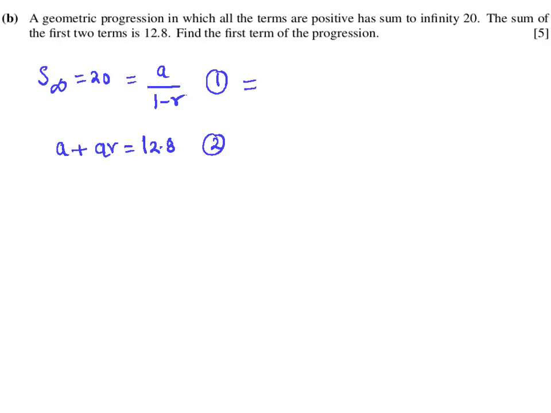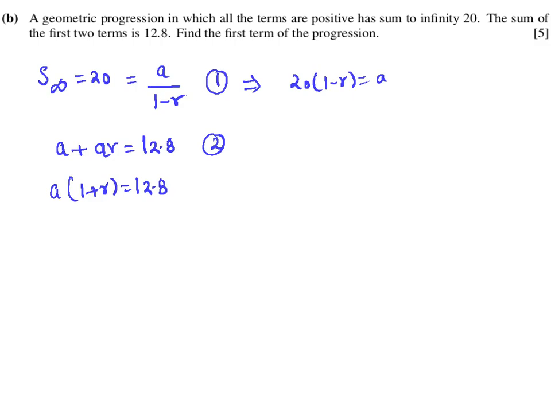So equation 1 we can write as 20(1 minus r) equals a, and in equation 2, taking a common, we get a(1 plus r) equals 12.8.